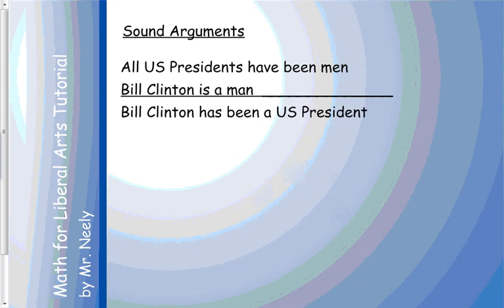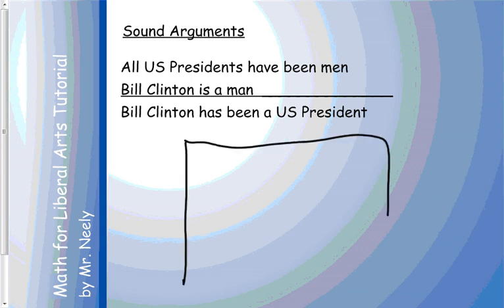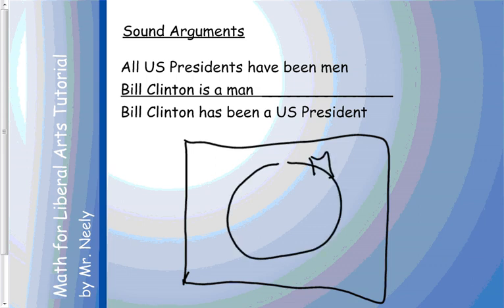Well, let's look at another argument here. It says all U.S. presidents have been men. Bill Clinton is a man. Therefore, Bill Clinton has been a U.S. president. Okay, well, we first check to see whether or not the argument is valid. So here's the circle of all men. There's the circle of all presidents.